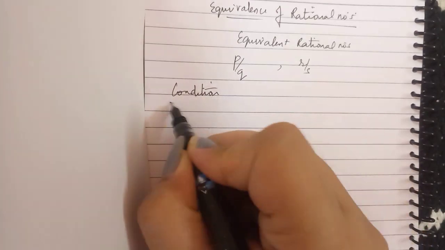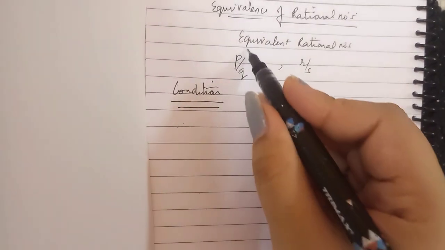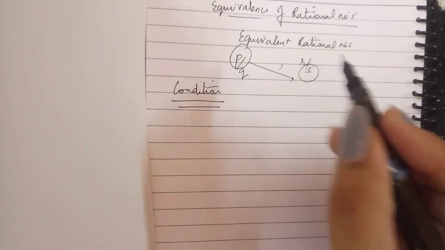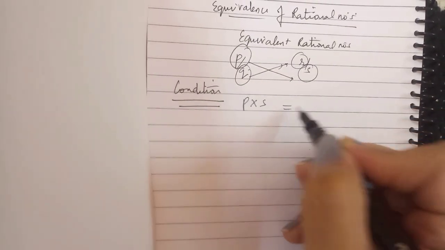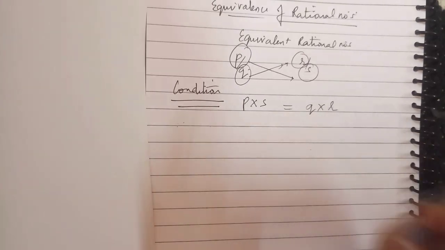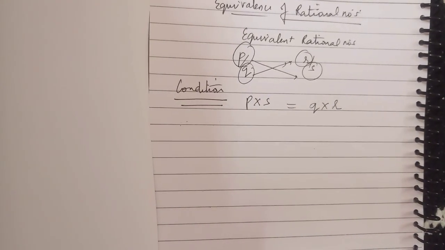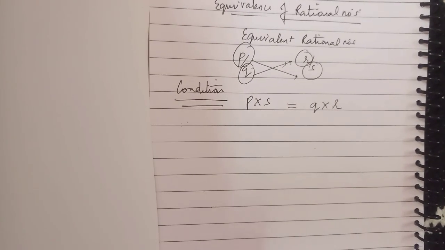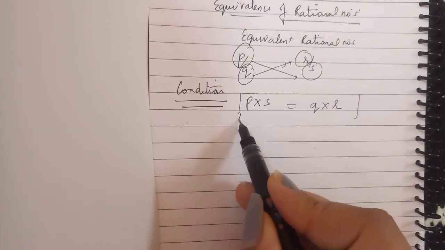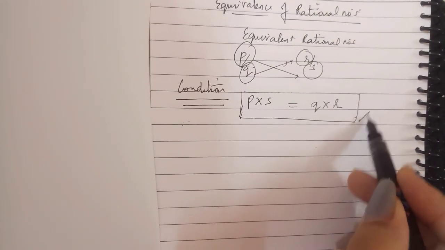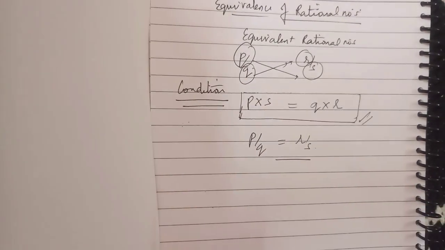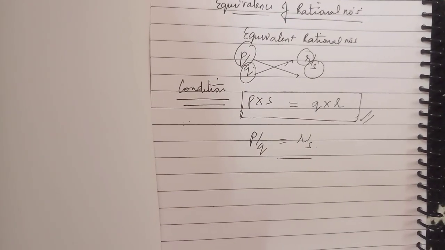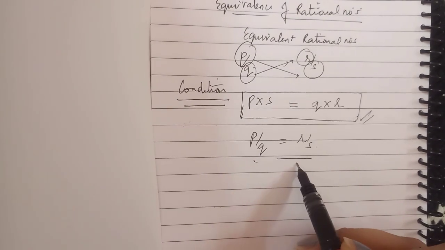The condition for equivalence is that if I multiply P with S and Q with R, P into S must be equal to Q into R. This is the must condition, and hence we can say that P by Q equals R by S, the numbers are equivalent. The values of the two rational numbers are the same.